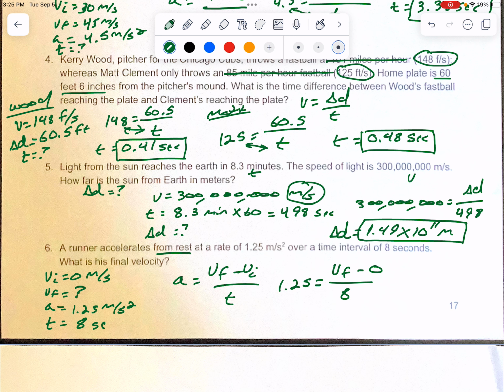Did you have to do the minus 0? No, I'm just showing you how I'm plugging it in, because what if that was different? What if that was a 2? Then all of a sudden you'd have a 2 there, and you'd have to figure out a way to solve for VF. So I just put that there so you can see how I plugged it in. It's basically saying 1.25 equals VF over 8. So I multiply both sides by 8, and you get a final velocity of 10 meters per second.